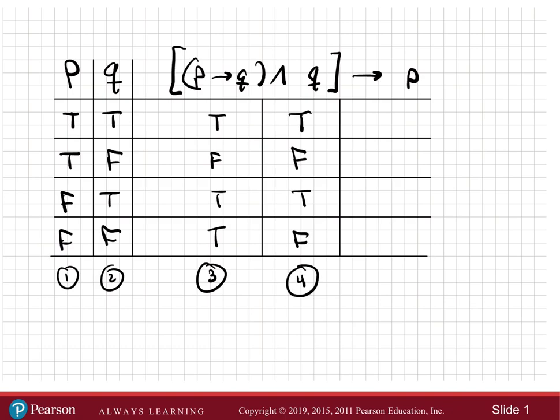So then the final column, we want to say column 4 implies column 1. Implication is always true except true implies false. True implies true is true. False implies anything is true. True implies false is false. False implies anything is true, right?